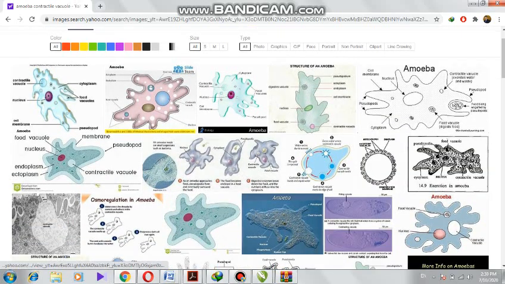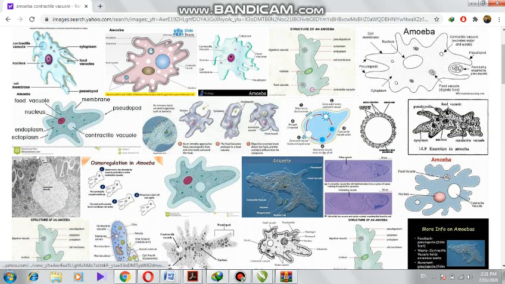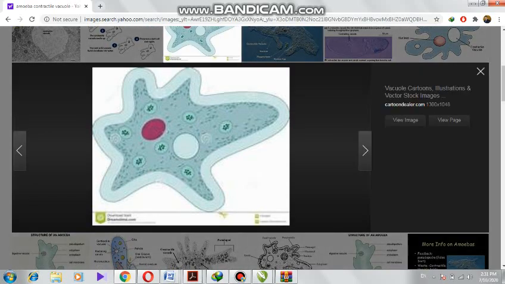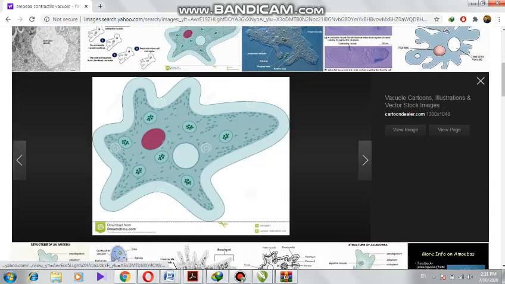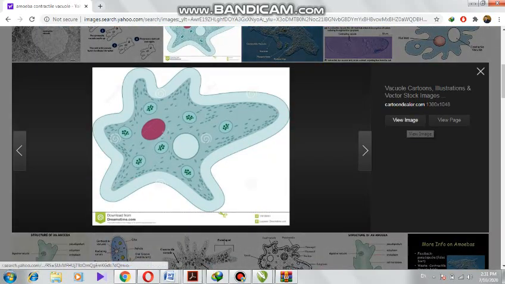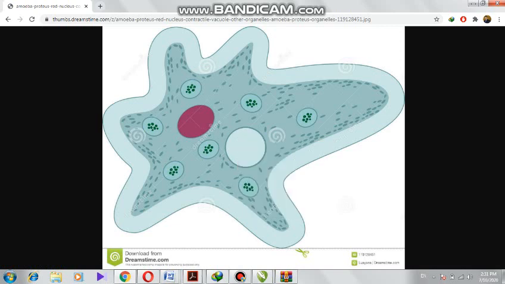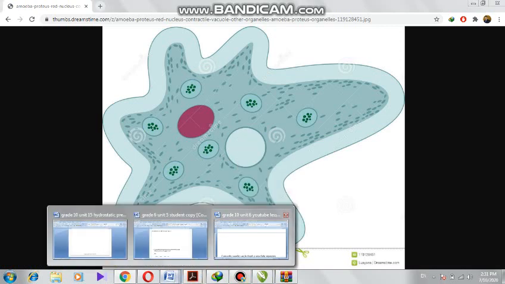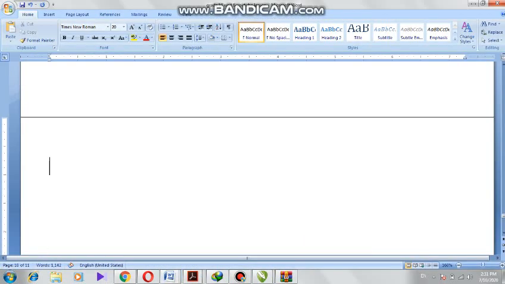Okay. So look at this diagram. Right. In this diagram, I'm taking this diagram. You need to draw this diagram. Right. Let us paste it here.